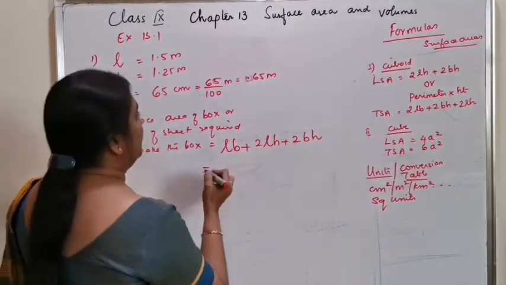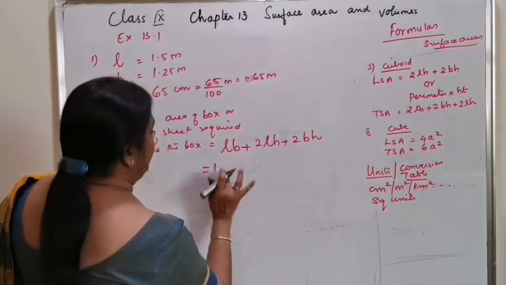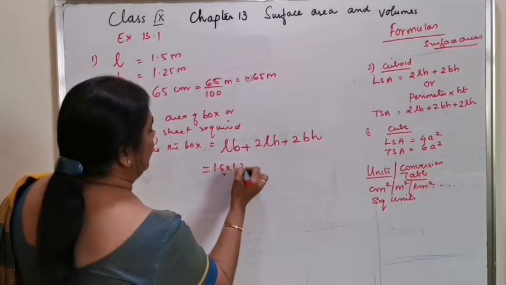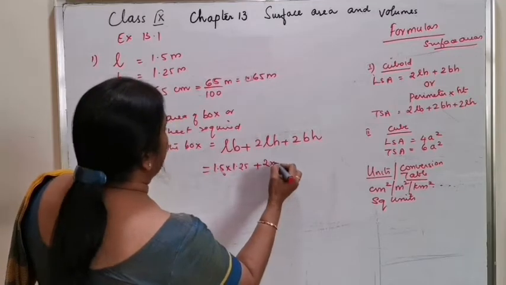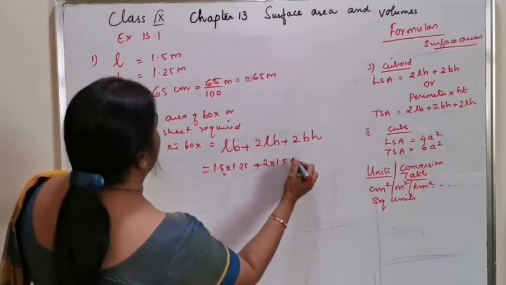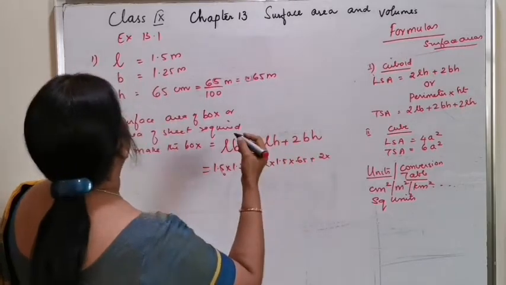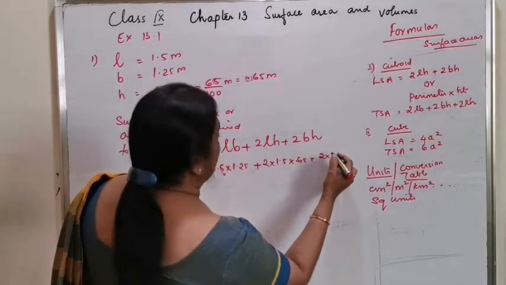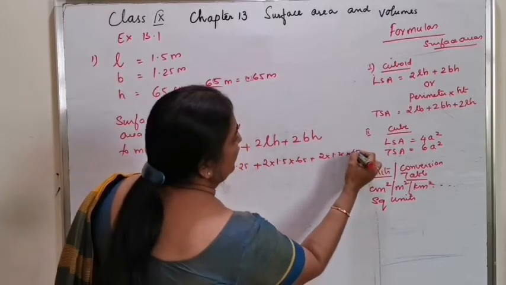You have to substitute the formula as L into B, that is 1.5 into 1.25, plus 2LH, 2 into 1.5 into 0.65, plus 2 into BH, that is 1.25 into 0.65.